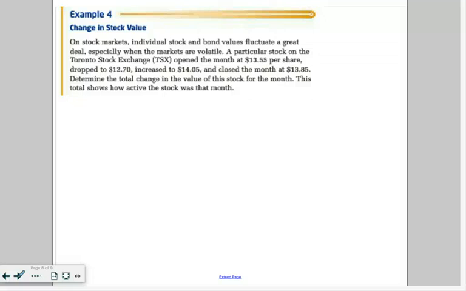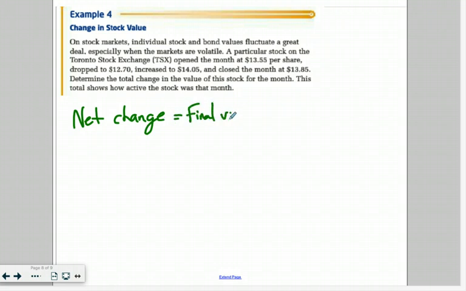So there's two different things. There's the net change, which is overall, how did it change from the beginning to the end? So we could say, well, it finished the month, so its final value, minus what its initial value was, is the overall change.